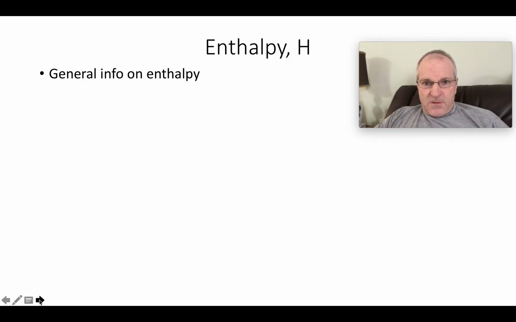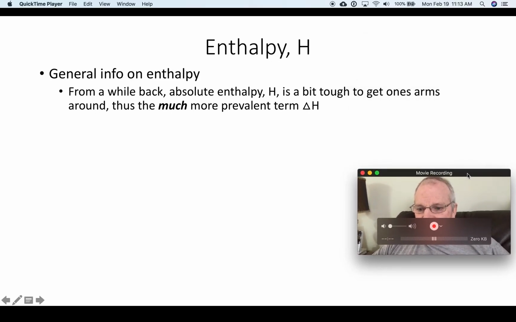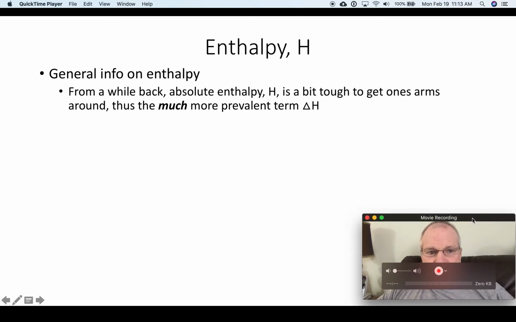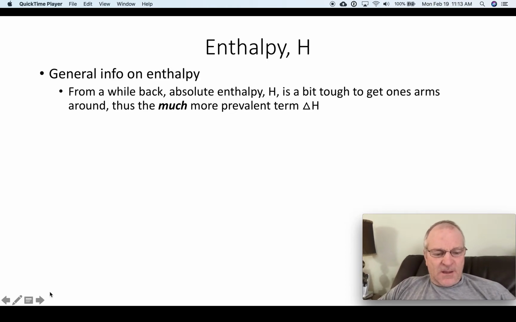Okay, ready, go. So some general info on enthalpy. Yikes, I'm not sure where to put that thing so it's not in the way. Absolute enthalpy is a little difficult to quantify, so what one sees is delta H, the change in enthalpy, which can be quantified and you can get your arms around it relatively easily, so that's what you see.